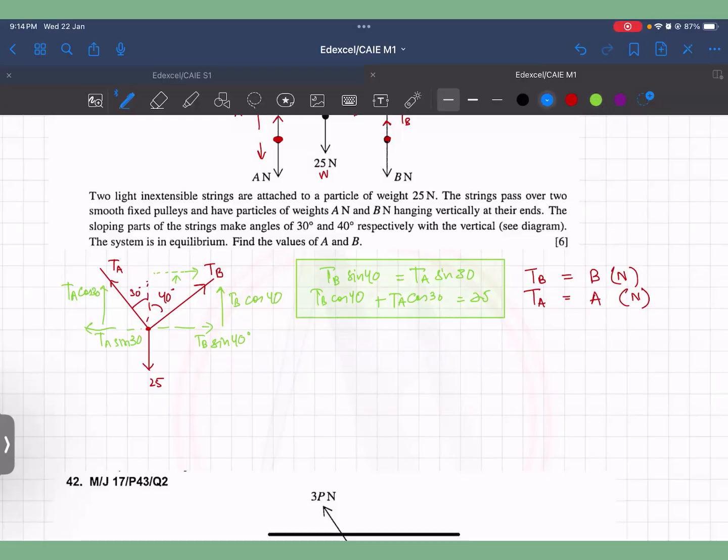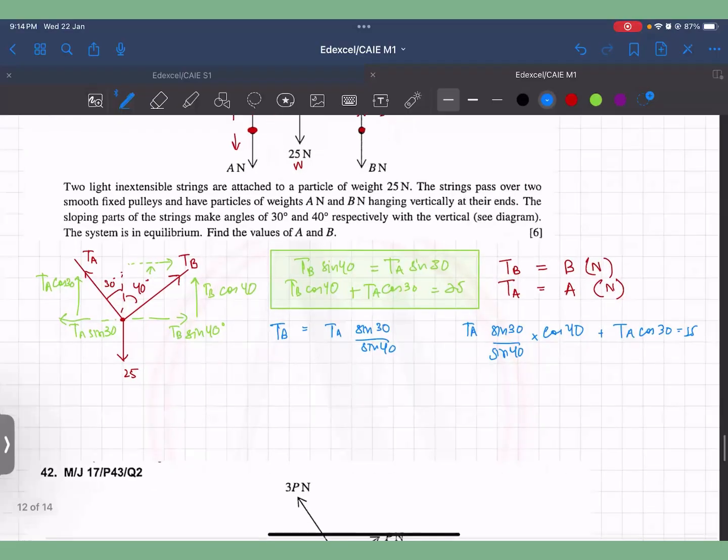If you make TB the subject in the first equation, it would be TA sine 30 upon sine 40. Then you substitute TB over here: TA sine 30 upon sine 40, into cos 40, plus TA cos 30 equals 25.